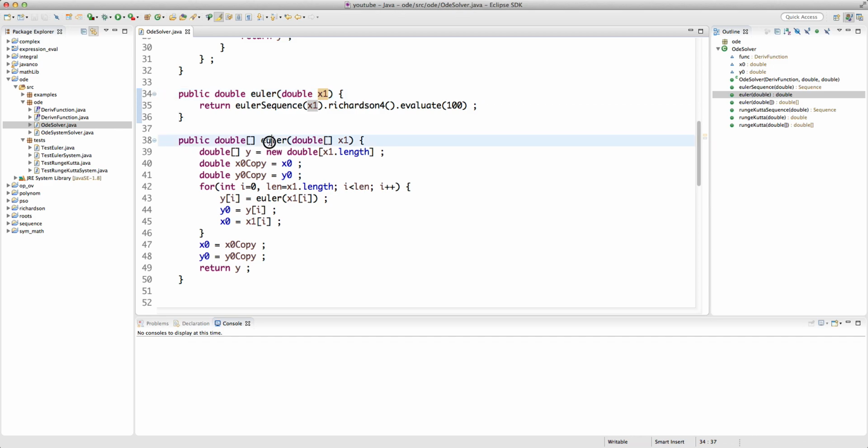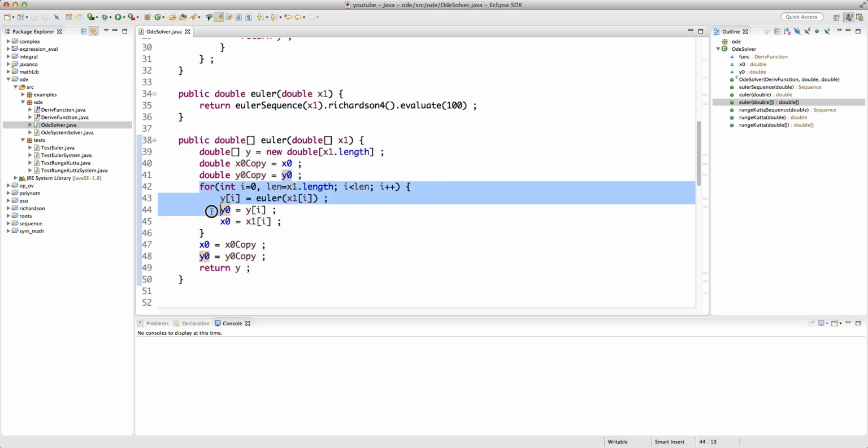Now I have this Euler method that takes an array of x values, which are the later points with regard to the original initial point, x0. And then I want to return an array of y values, which are the solutions at each given x value. So I copy the original initial conditions, and then I write my for loop.